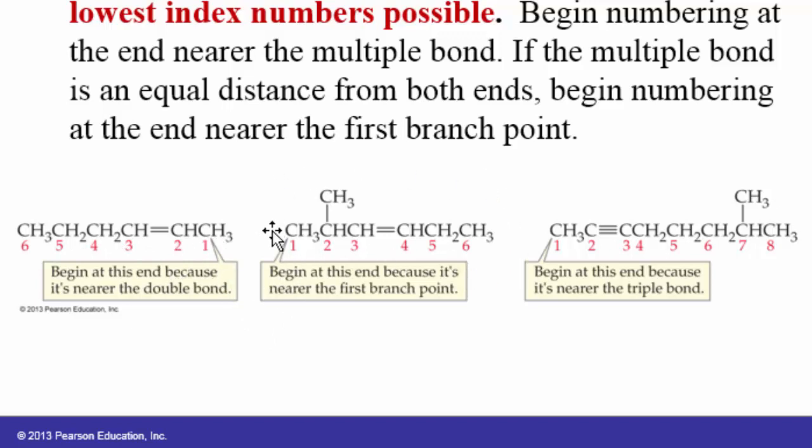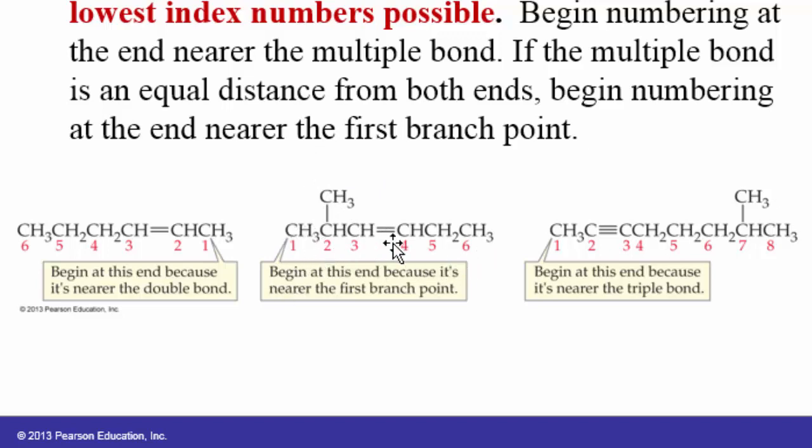The other compound, we begin numbering from this end. Although this double bond is at equal distance from both sides, that is, if you count from here 1, 2, 3 and if you count from here 1, 2, 3, here we give the branch a lower number, 2, instead of giving it number 5.